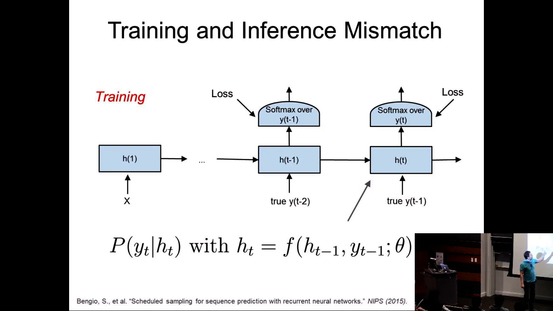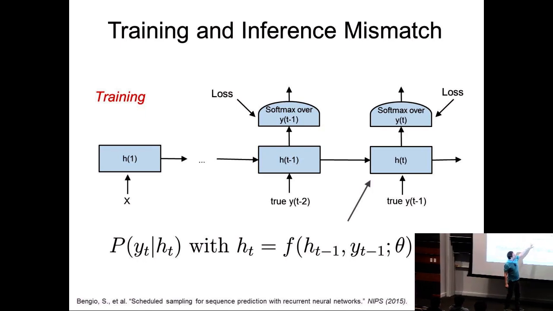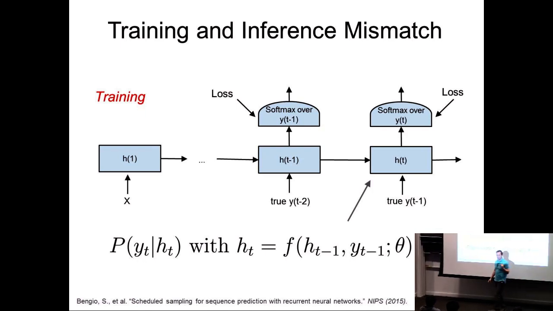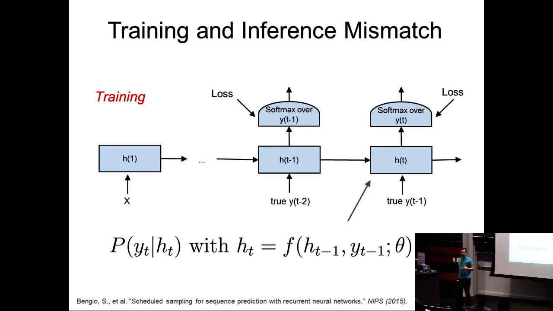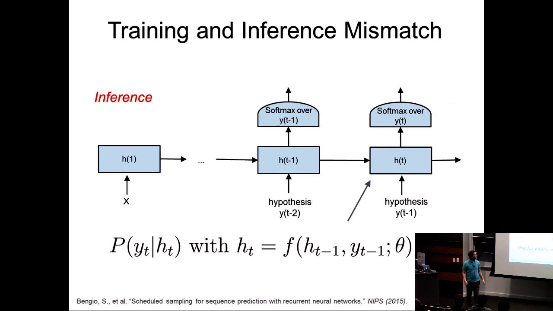Well, I put in the ground truth word from my translation, and then try to predict the next word. Then as I'm decoding, again I put the ground truth, and I'm trying to predict what the next word should be, because think of it as a language model. I'm trying to predict the probability of the next word given the previous words, and I know what my previous words are because I have a sentence. That's fine. I can solve this problem.